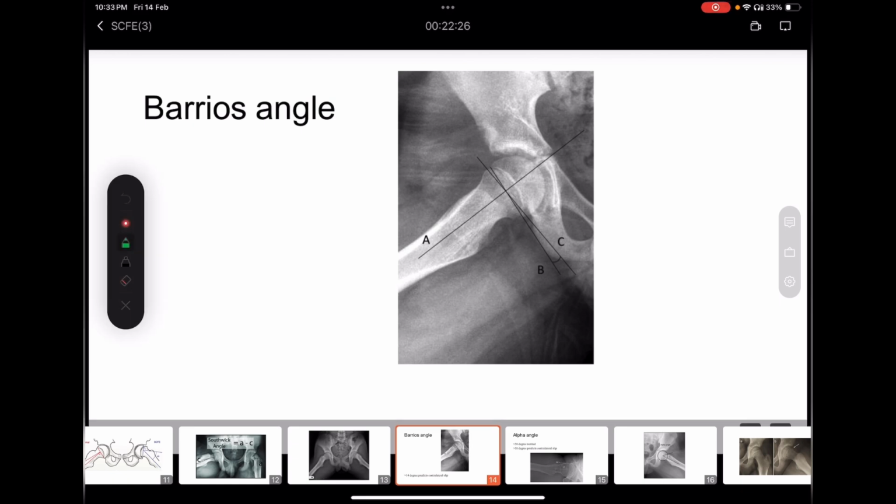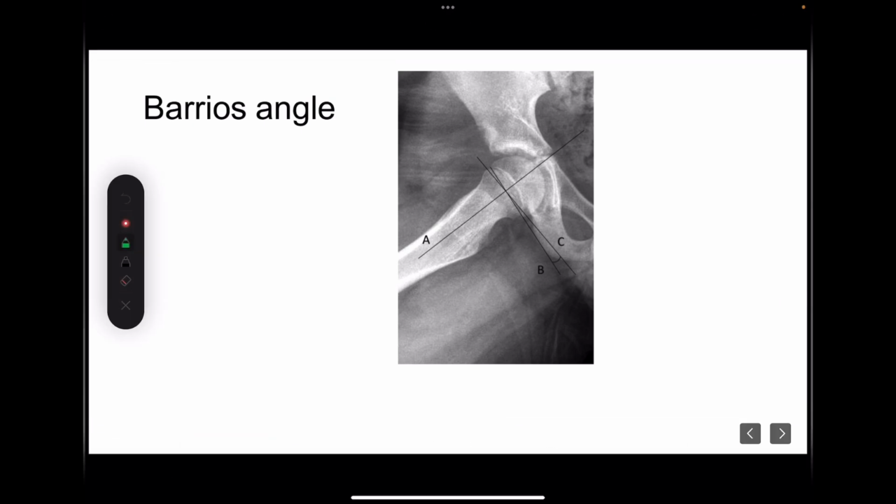One more entity, that is the Klein-Barrios angle, we should keep in mind. The Barrios angle is almost similar to Southwick's angle. The only difference is that in this condition, we draw a line along the physis, between two points of the physis, but this time we draw a line which is perpendicular to the line along the shaft of the femur, not perpendicular to the physeal line.